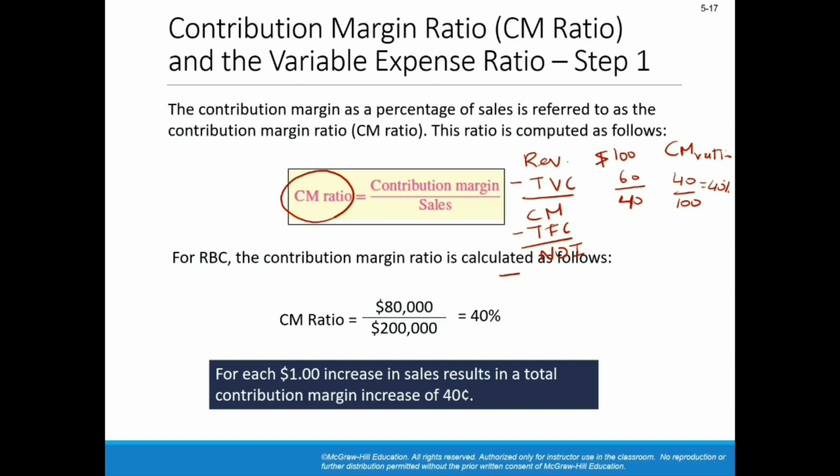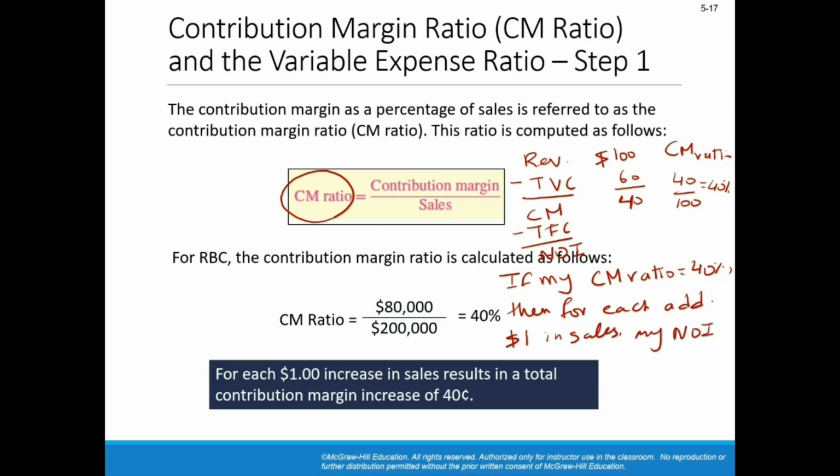So if my CM ratio is equal to 40%, then for each additional $1 in sales, my net operating income will increase by how much? 40% multiplied by $1, which is basically 40 cents.